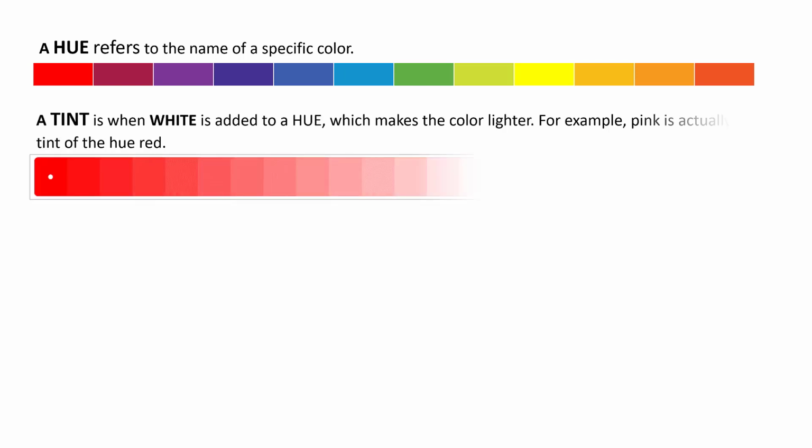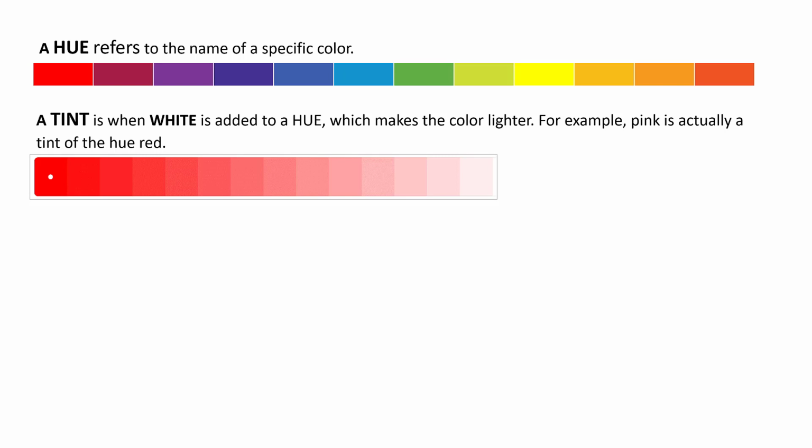Now check this out. This is really cool. A tint. Sometimes when you go to buy paint, they talk about the tints, using a tint of a paint or whatever. Anyway, a tint is when white is added to a hue and it makes the color lighter. So this little diagram I have down here is red. And if you look at the far left of that, it's bright red, total red.